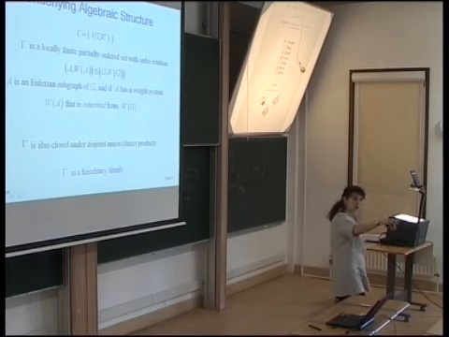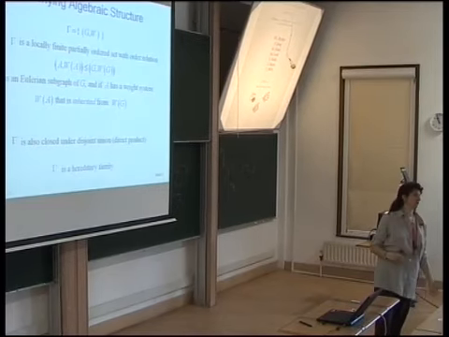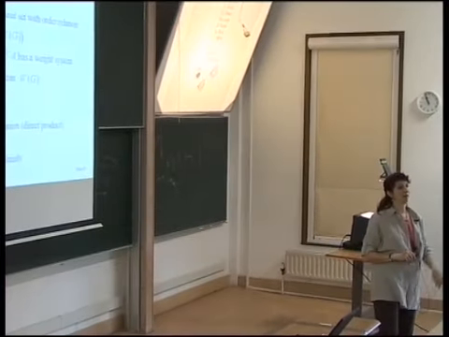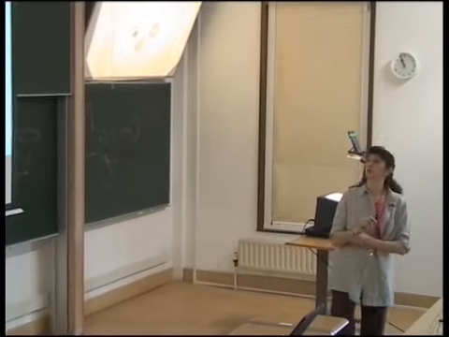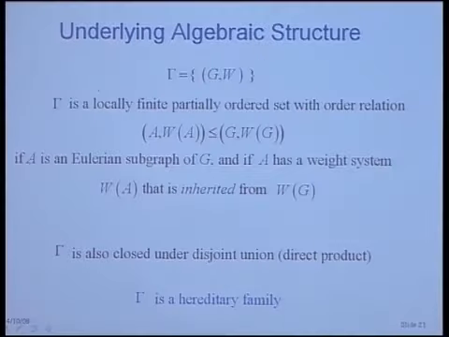And this answers your question about why I used the pair weights instead of what you said was natural. And I agree that what you said was natural. This is why I made a more refined structure. Okay? If gamma is the set of these graphs with weight systems, I get a locally finite partially ordered set with order relation, just subgraph.